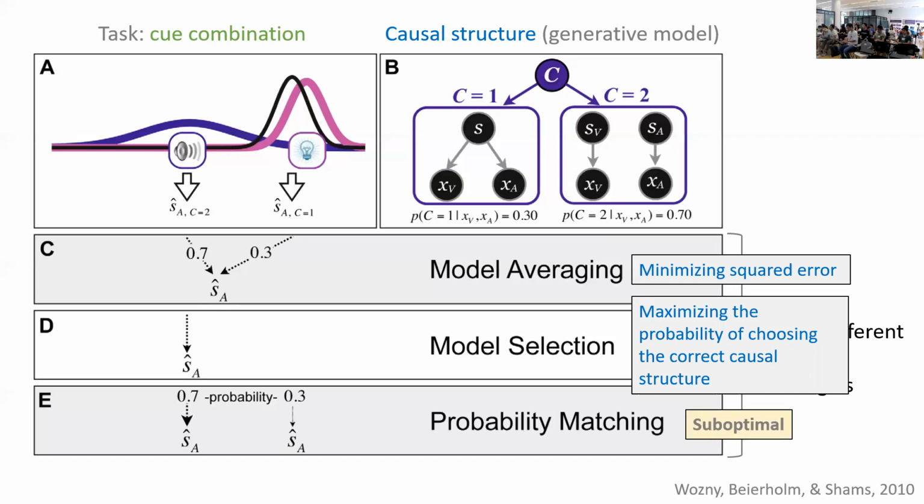But the third one is actually suboptimal. The only reason to consider it, of course, is because it fits the data. It also has a very long history, with findings from animals and humans, that we sometimes choose between two options based on the probability that they are going to be correct.